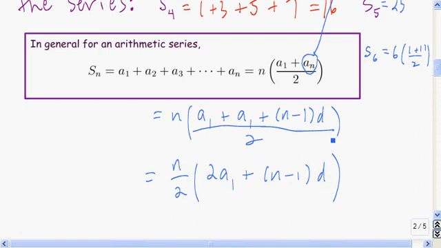This one is more useful to me if I know the first and the last and how many terms I have. This one is more useful to me if I don't know the last term but I know everything else. So pick which one to use depending on the information that you have. Okay, and this deserves a box as well.